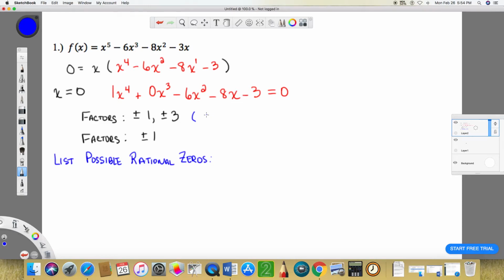The factors of the constant term are your possible numerators, and for the leading coefficient, the denominator. So that means that we just have these 4 values to check.